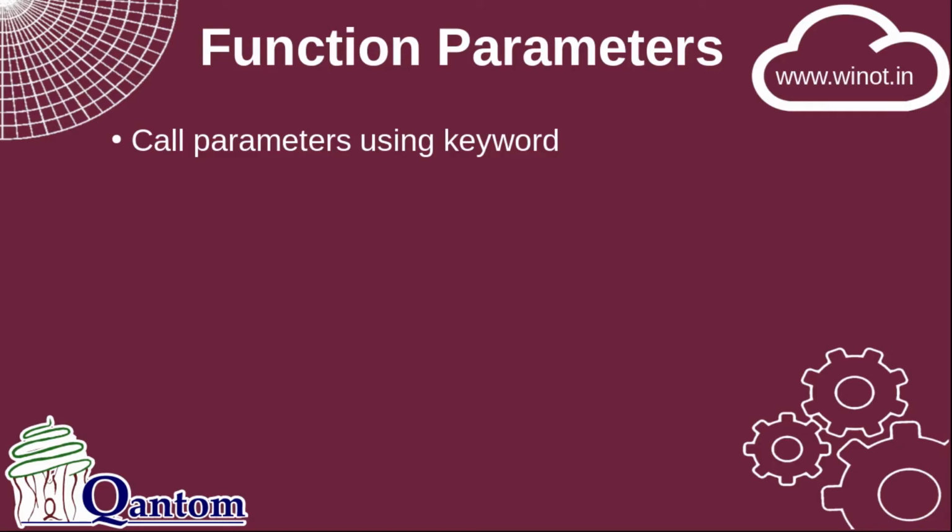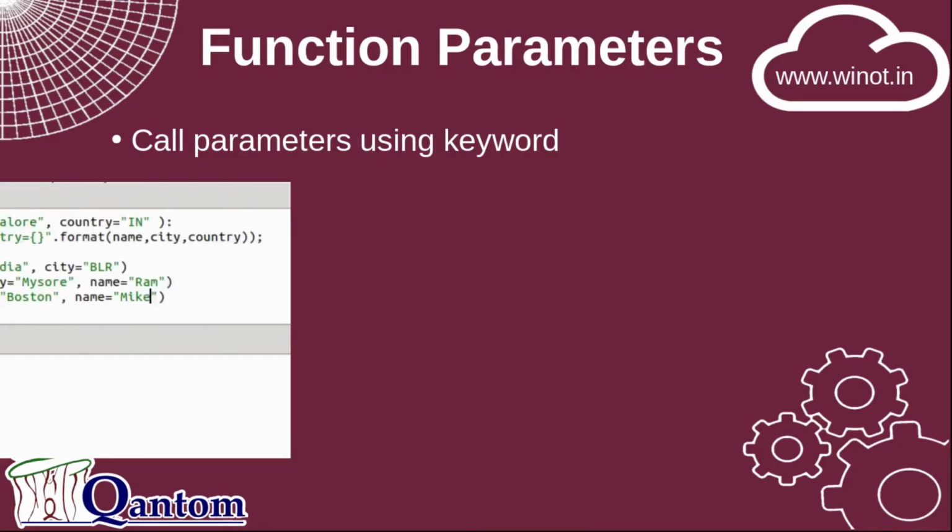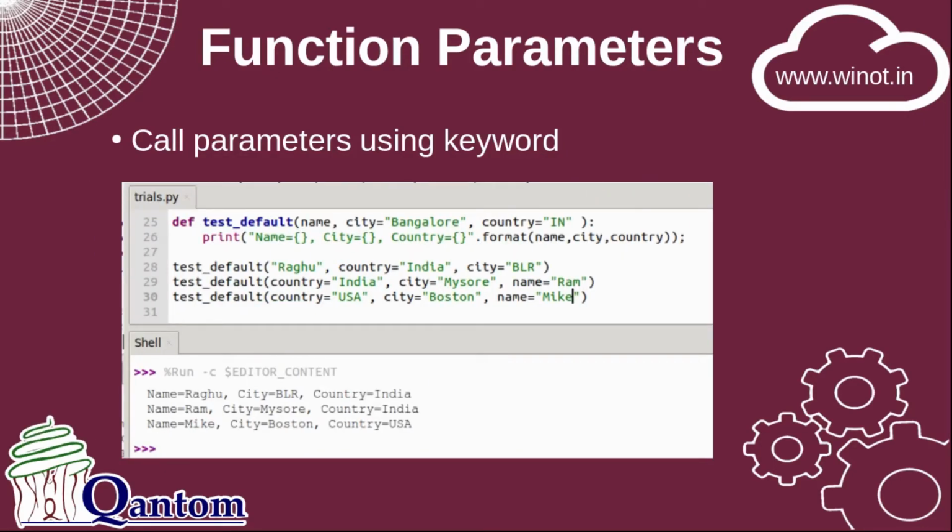This can become very confusing. To address this, Python allows you to call functions by using the names of these parameters. Example is as shown in this image. As you can see here, I don't have to pass the name as the first parameter. As long as I can remember the keyword name, I can use it anywhere in the function call.